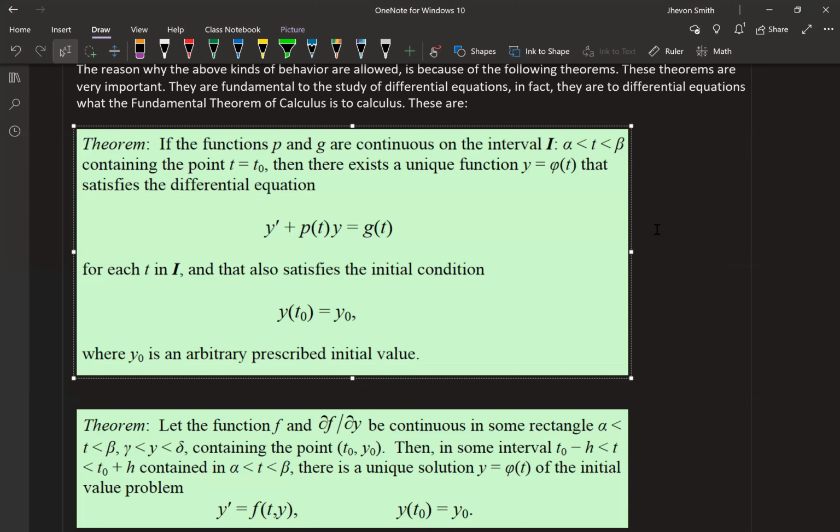So this is a theorem that says a solution exists and it's unique. Under these conditions, there is a solution and there's only one.